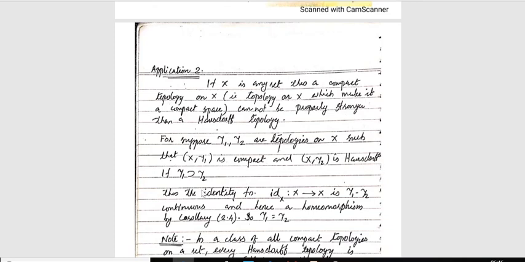Now we want to prove that tau1 is not properly stronger than tau2, that is, tau1 is contained in tau2 fails only if equality holds. Suppose the inclusion goes the other way: if tau2 is contained in tau1, then the identity function from (X, tau1) to (X, tau2) is continuous, and hence a homeomorphism by corollary 2.4. So what you will get is tau1 equals tau2.